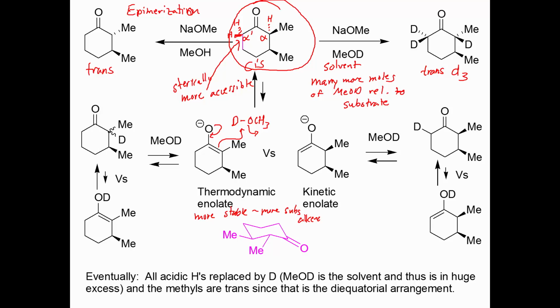All right, so because the number of methanol or deuterated methanol molecules heavily outnumbers the number of substrate molecules, we're eventually going to put deuterium in every position where we can remove a proton, okay? So the kinetic enolate can also add a deuterium by the same process. Eventually, all of the hydrogens that can be removed are going to be replaced by deuterium.